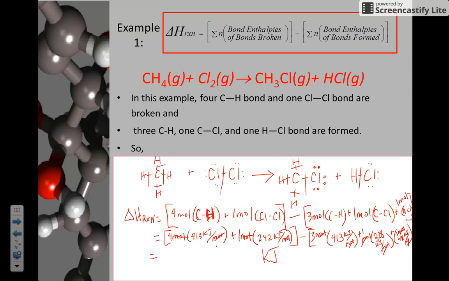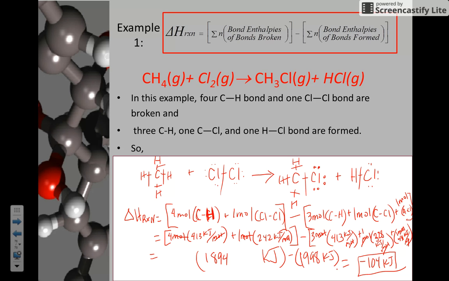So when you add all this together, you're going to end up getting 1894 kilojoules. When you add all these together, you get 1998 kilojoules. So when you now subtract, you're going to end up getting a negative 104 kilojoules of energy.